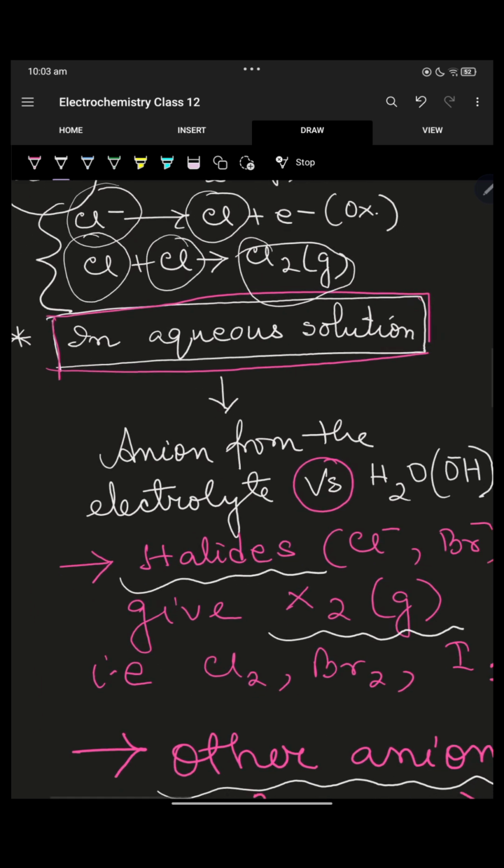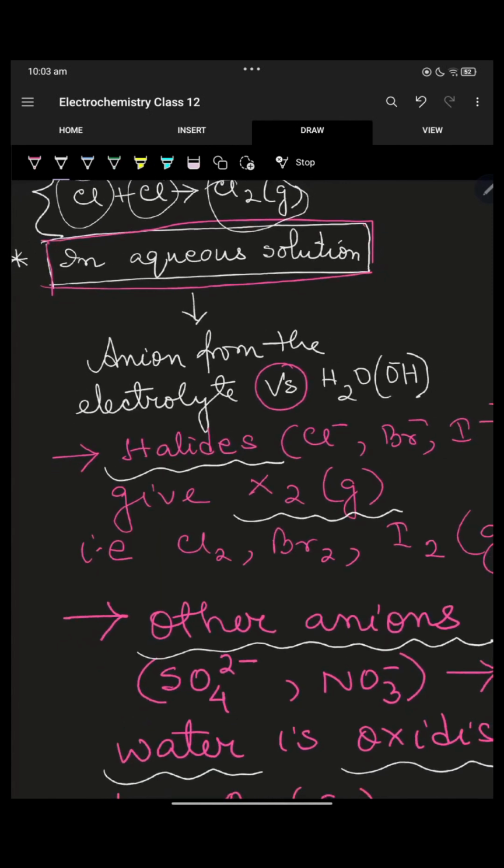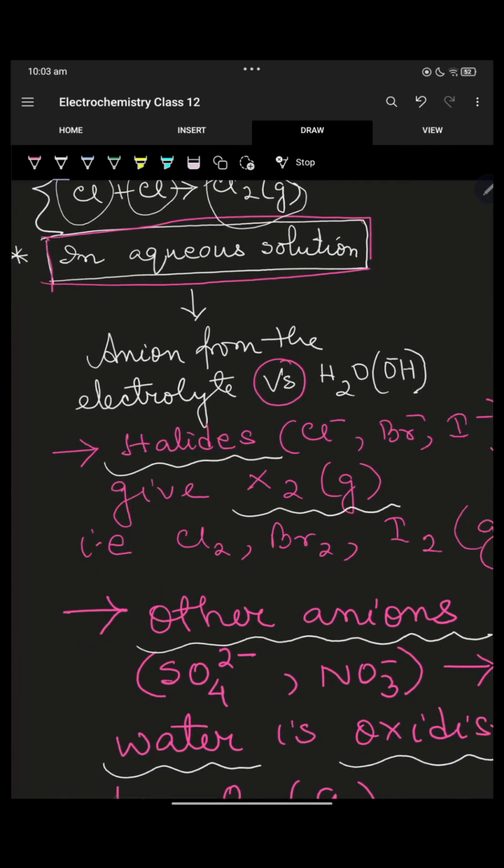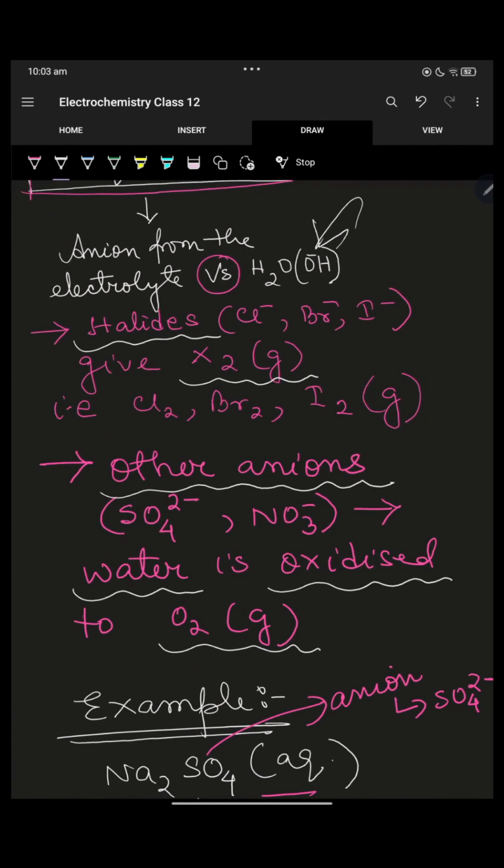In aqueous solution, there is a competition between the anion from the electrolyte and the OH- from H2O. If halides such as chloride, bromide, or iodide are present in the medium, they will give the halogens Cl2, Br2, and I2 respectively.